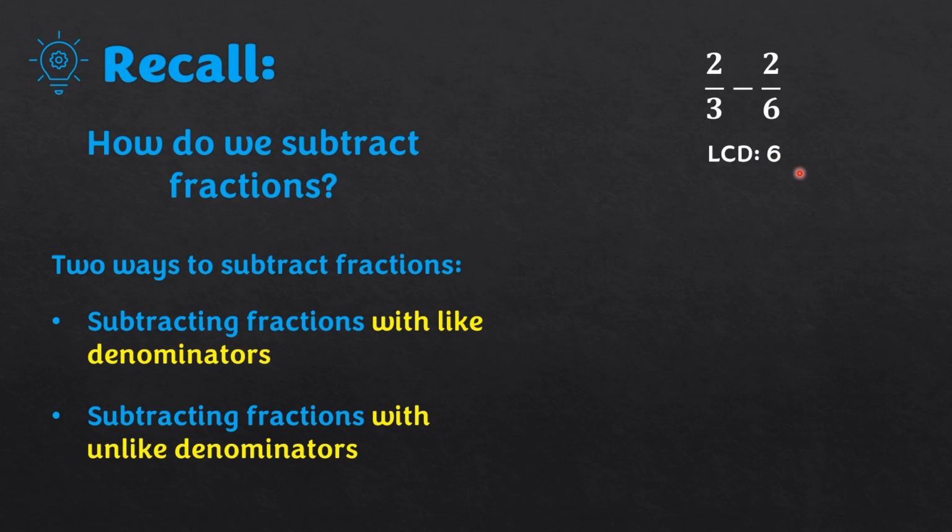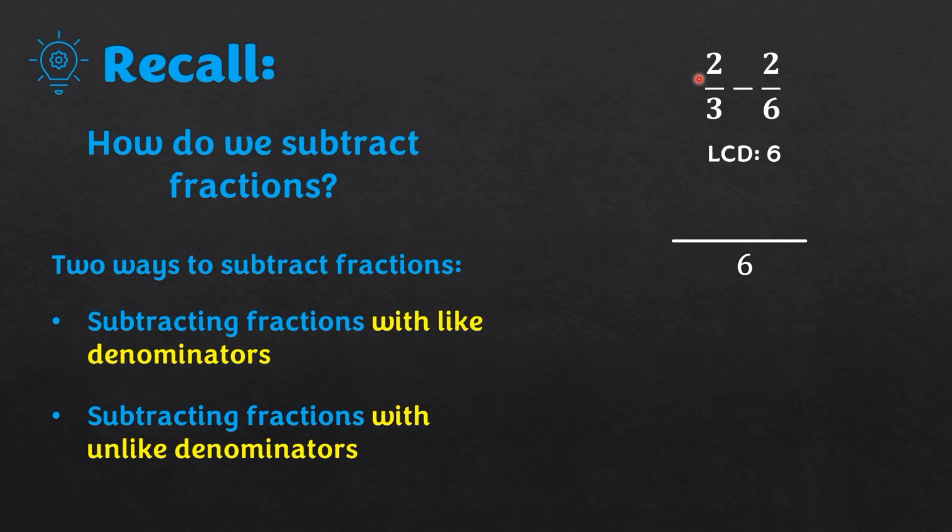Okay? So after that, the next step is we will divide the LCD by the denominator and then multiply it to the numerator. For example, 6 divided by 3, we will have 2. 2 times 2 is 4.